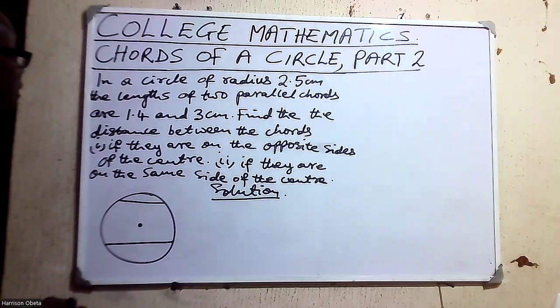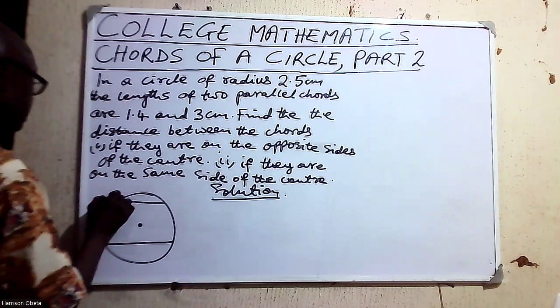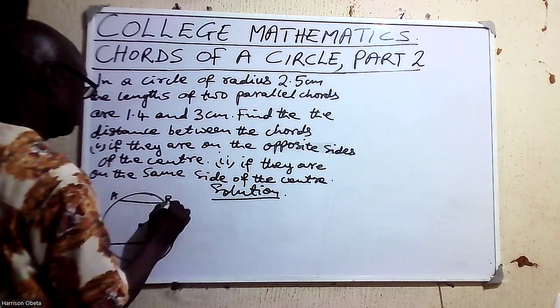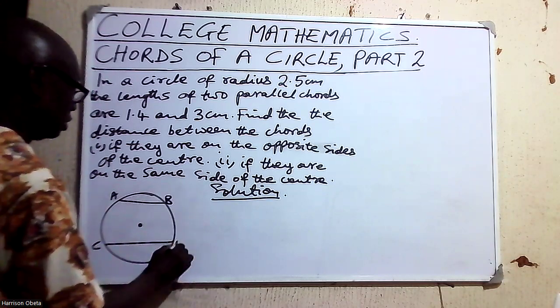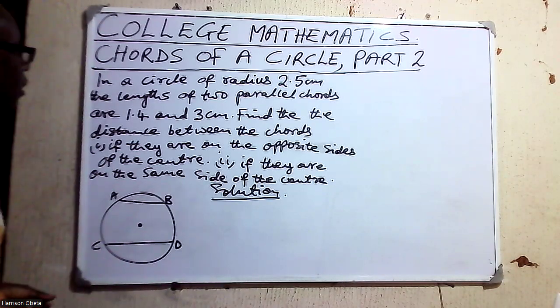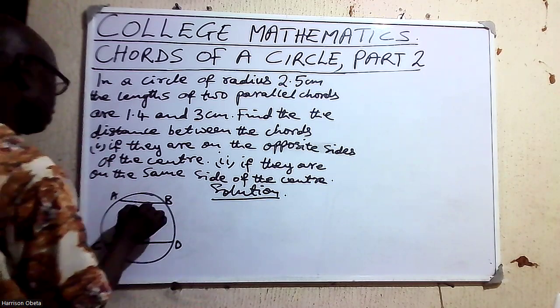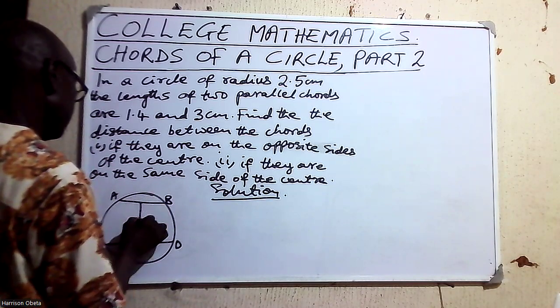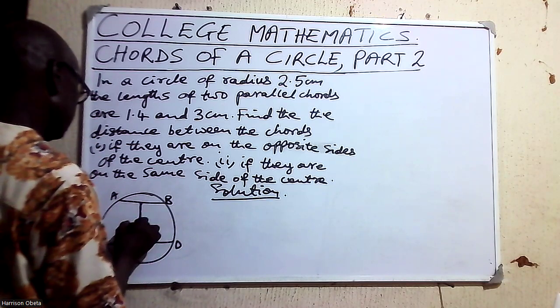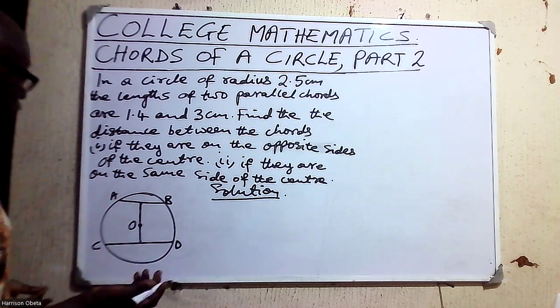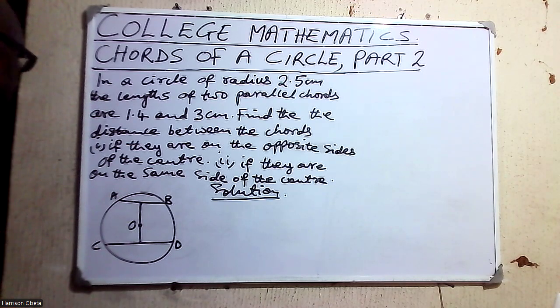Let's label them A, B, C, D. We are talking of from here to here, and then from here to here. The center is always, we take O to represent the center.